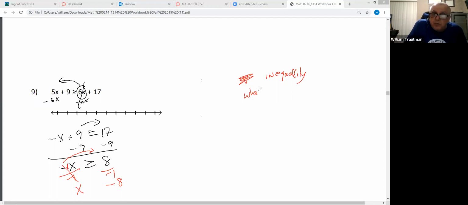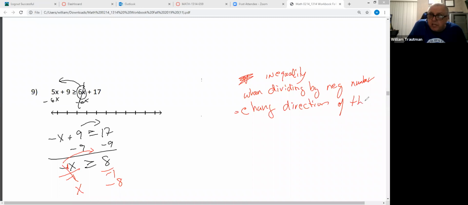With an inequality, when dividing by a negative number, you have to change the direction of the arrow.